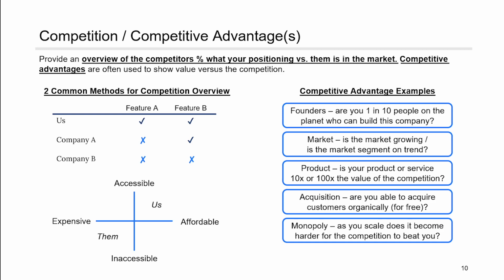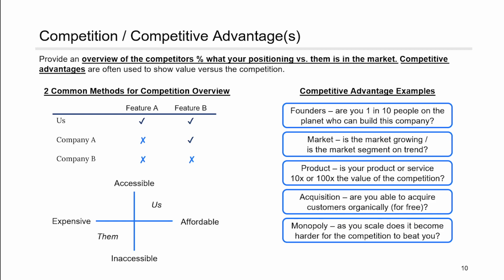On the bottom, you have what is more commonly referred to as a positional structure, right? A positional battle, which is how are you positioning yourself in the market? For example, if I wanted to describe our business, I would say we're accessible and affordable, right? I put us top right, which is generally speaking where you want to be and how you want to frame it. Bottom left, of course, would be the opposite of accessible and affordable. It would be expensive and inaccessible.